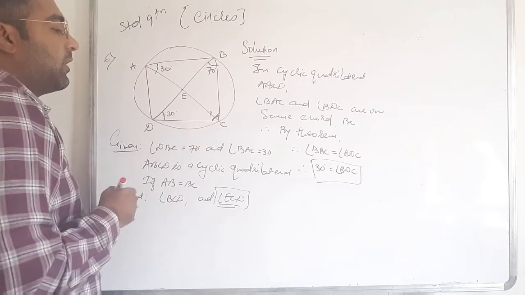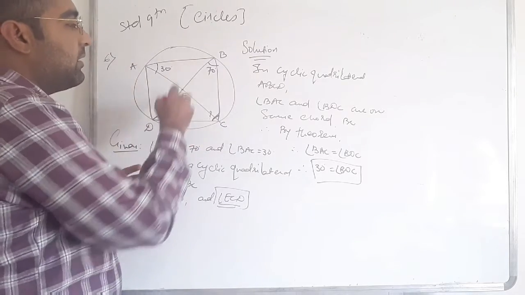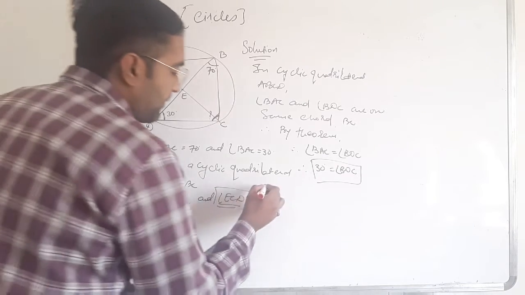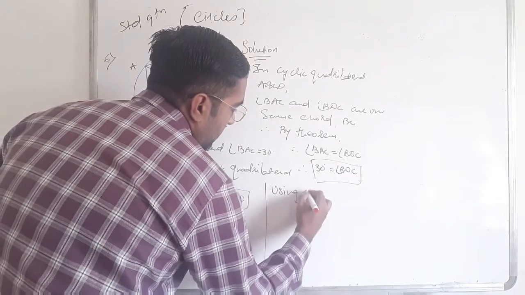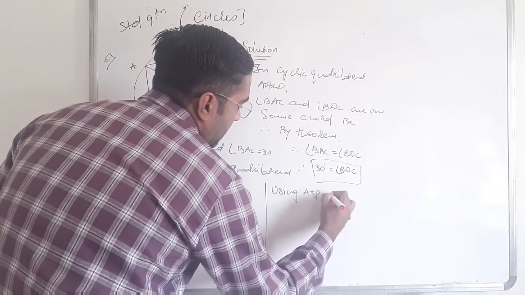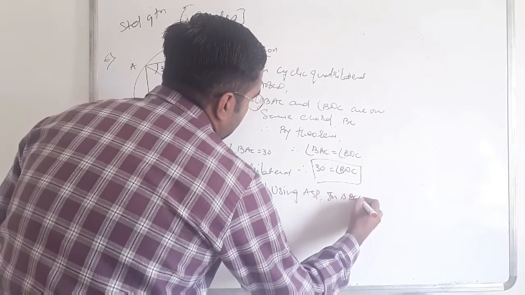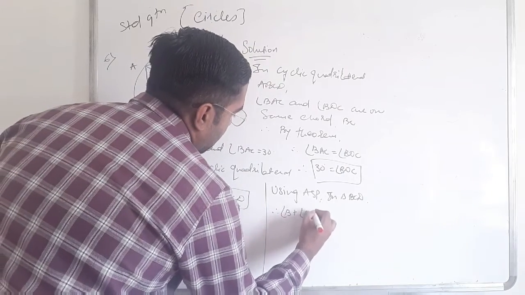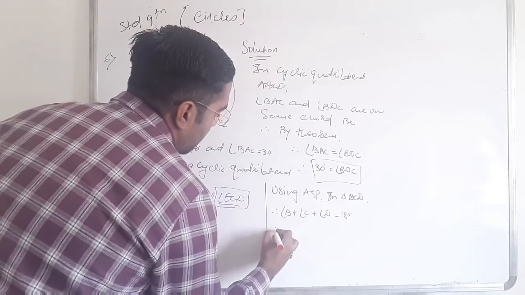So I need to find the angle BCD. For angle BCD we use the angle sum property of triangle BCD. Therefore angle B plus angle C plus angle D equals 180 degrees.